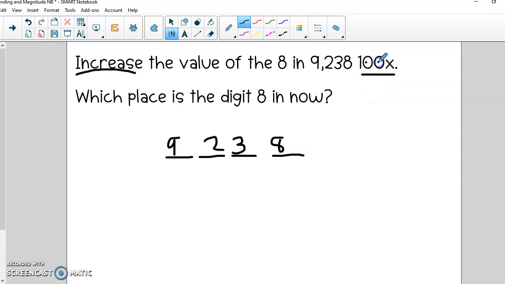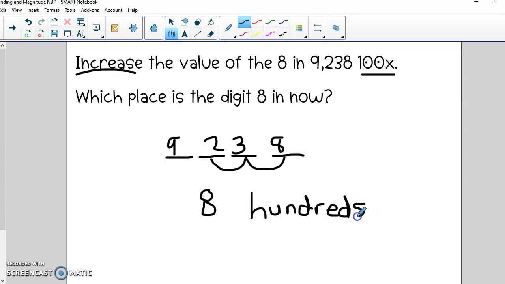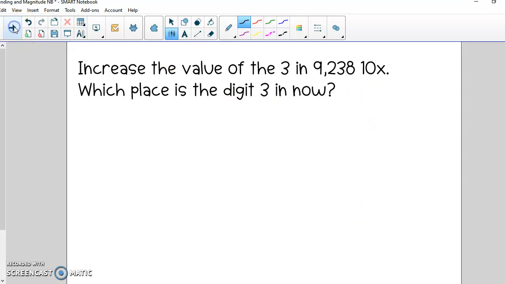There's 1 and 2 zeros. So we take our digit 8 and we move 1 place, 2 places. So the 8 should be in the what place? The hundreds place. So on your notes, you should be writing the word hundreds because we've just increased, we're getting bigger, and we're going to the left 2 times because it's 100 and 100 has 2 zeros.